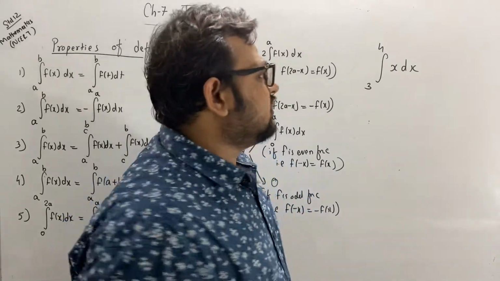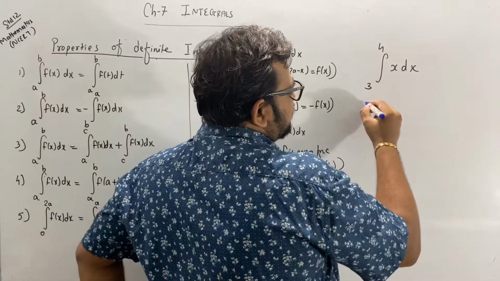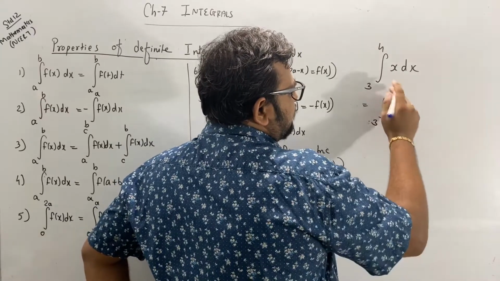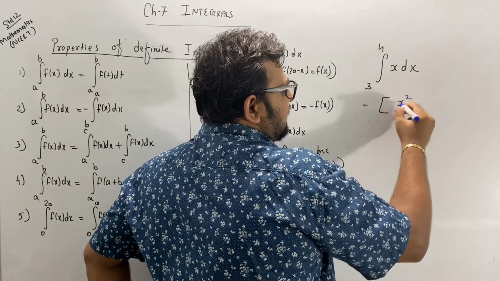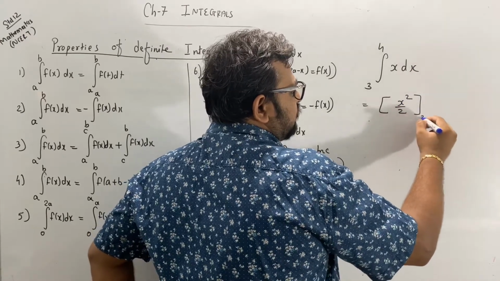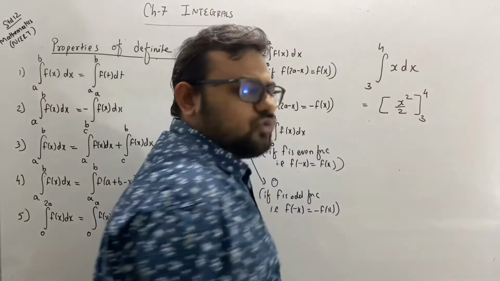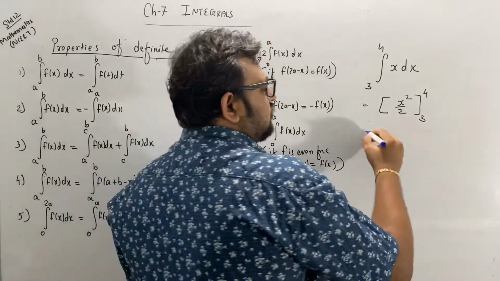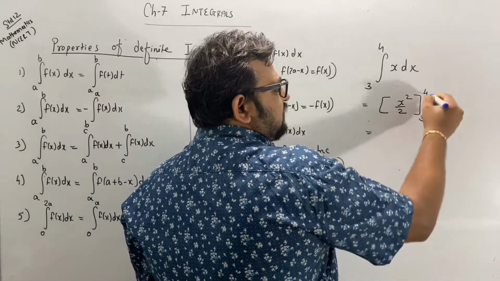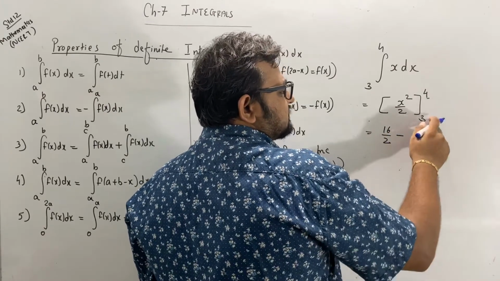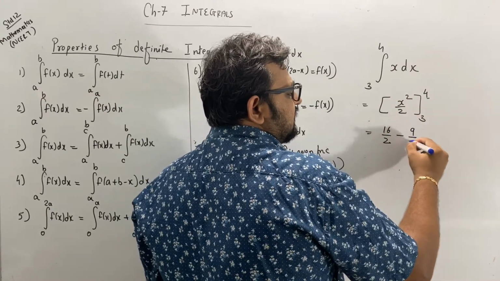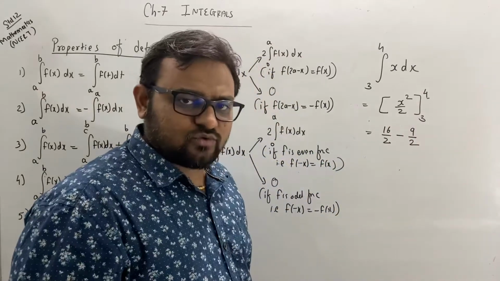Okay, so now this will be equal to 3 to 4, integration of x is x square by 2. So 4 square, first I will put 4, 16 by 2 minus 3 square, 9 by 2. Clear?